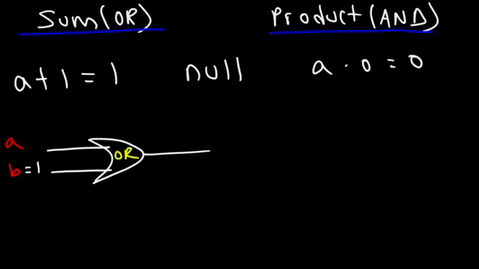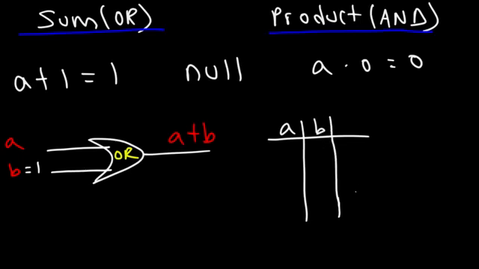Now the output will be A plus B. Now let's make a truth table. Now remember, the output will be a 1 if either input A or input B is in the on state. So A could be 1 or 0. B is always 1. So this is B.